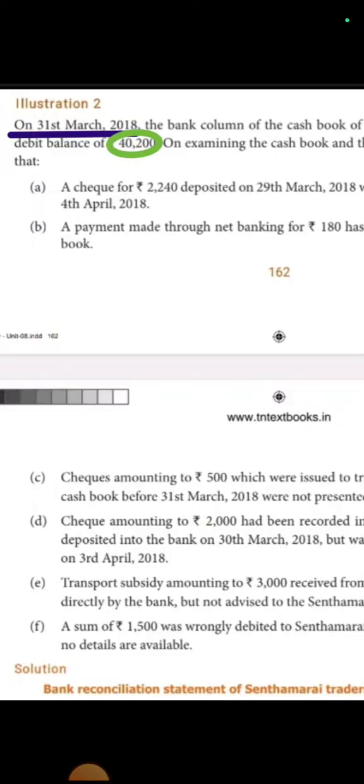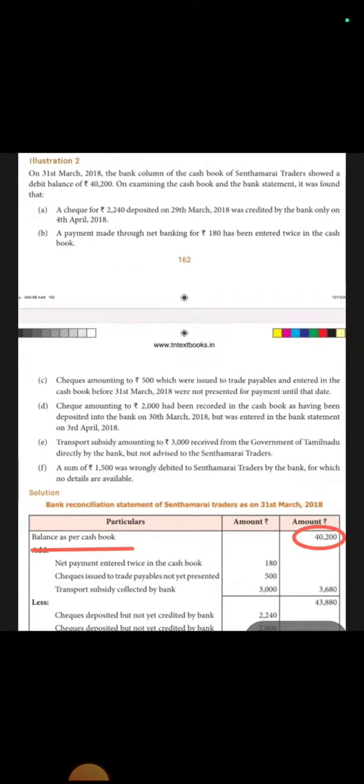As for the original method, we have to enter the balance of cash book, Rs 40,200, what they have given here. We are preparing the balance of the bank statement, so we have to enter the balance as per cash book, 40,200.